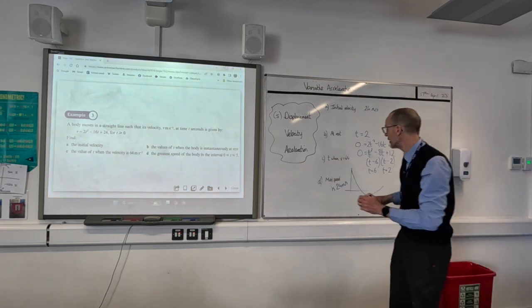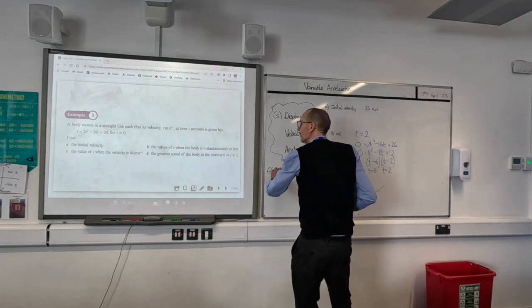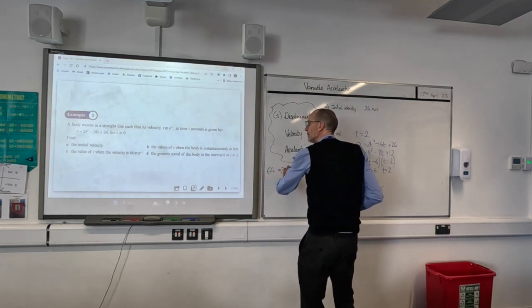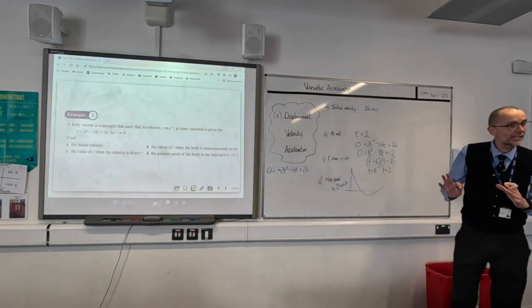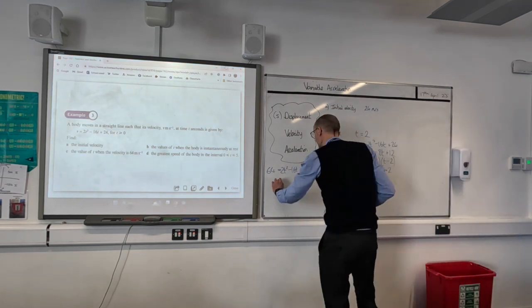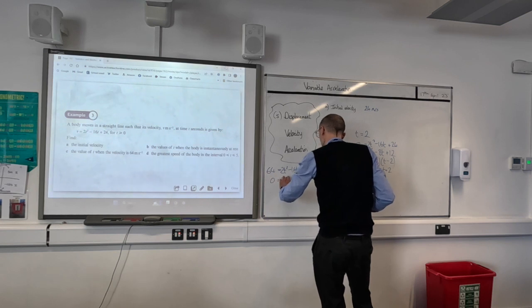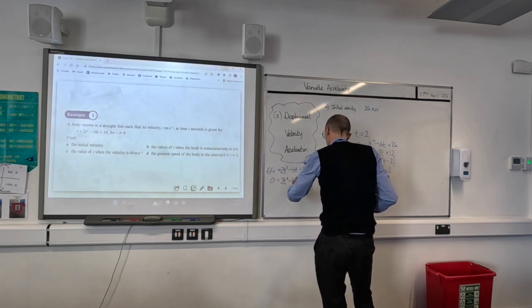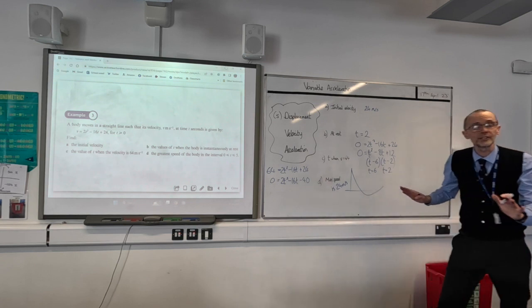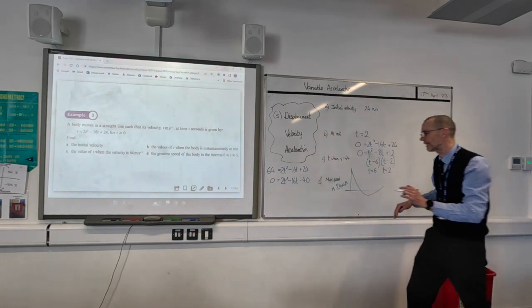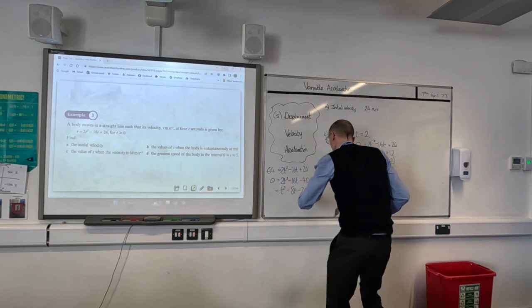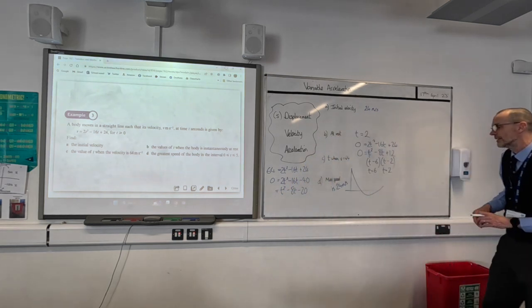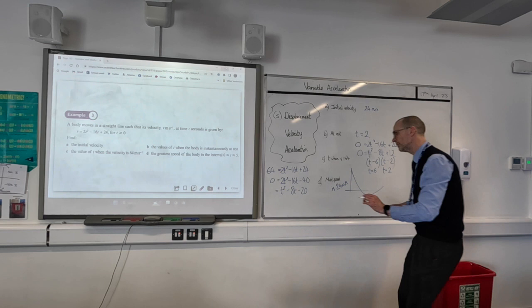And then v is 64, so I'm going to make v equal to 64. And it's just a quadratic. I'm going to line it up by taking 64 from both sides, and then I'm just going to solve that. And again, you can solve that with your calculator. So that's 10 and -2.